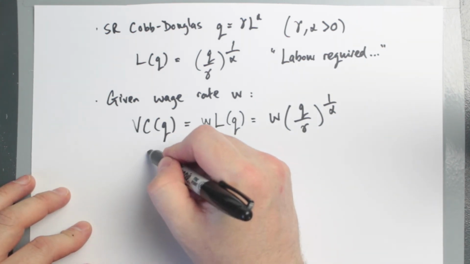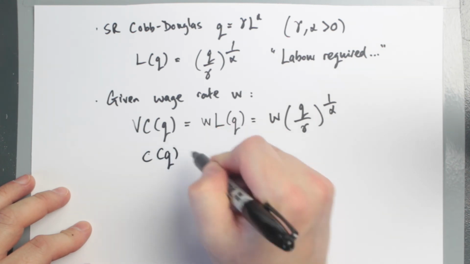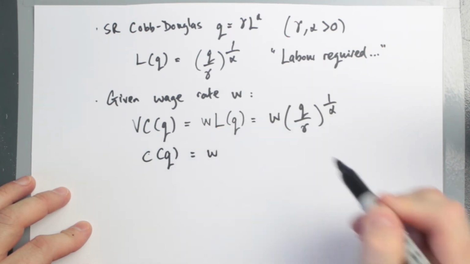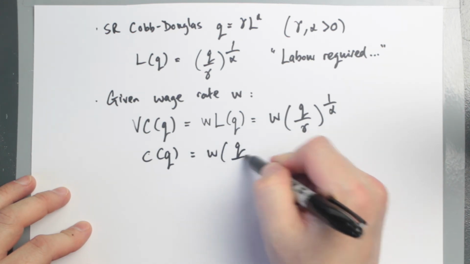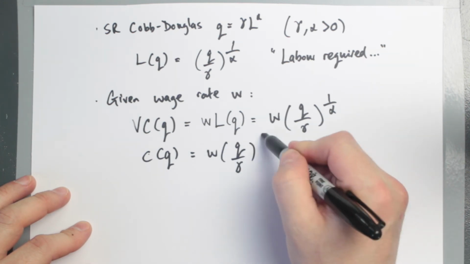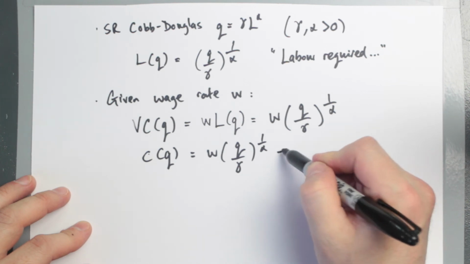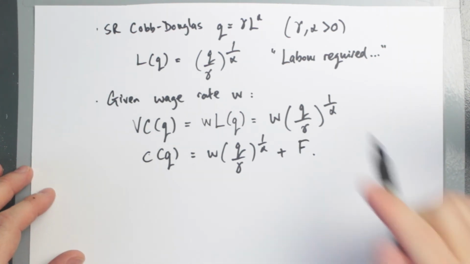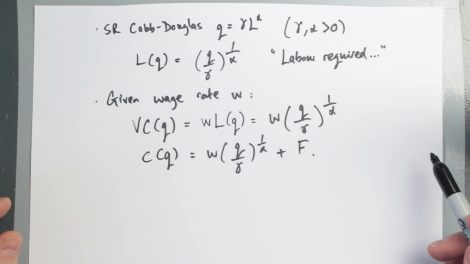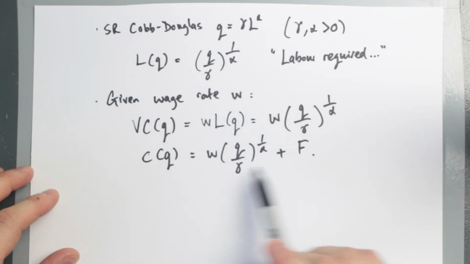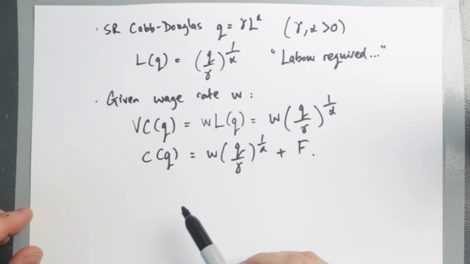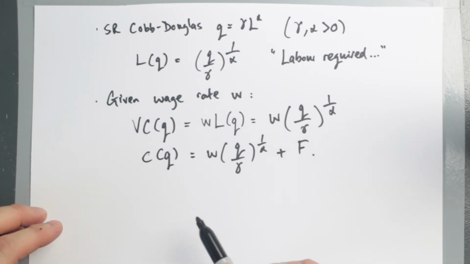I could derive the cost function almost as the variable cost, W times Q over gamma to the power 1 over alpha. Just it will be adding some fixed cost. We might not be able to read off what the fixed cost is here, but we've got most of the information we would need about the total cost function.